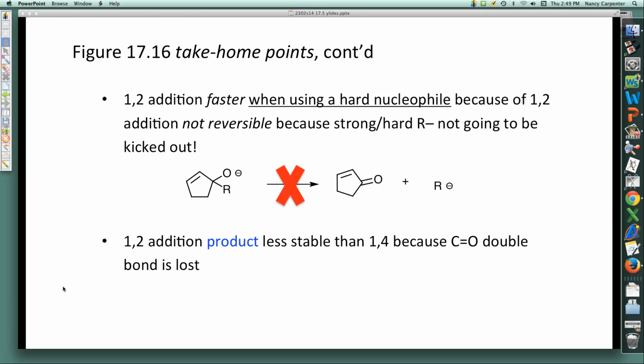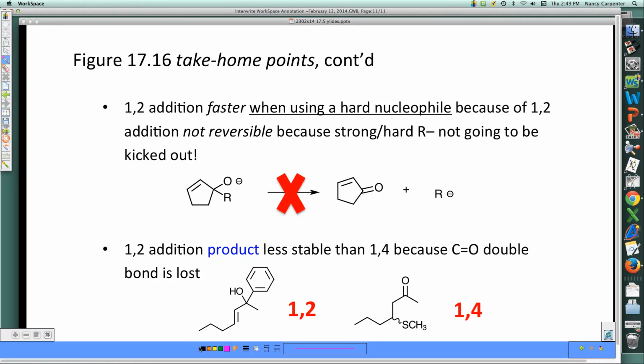And then finally, the 1,2 addition product. We already looked at the 1,2 addition intermediate, but now we're talking about the 1,2 addition product. It's less stable than the 1,4 product because it doesn't have the C=O double bond. And if I've told you once, I've told you 1,000 times. Well, that's not true.